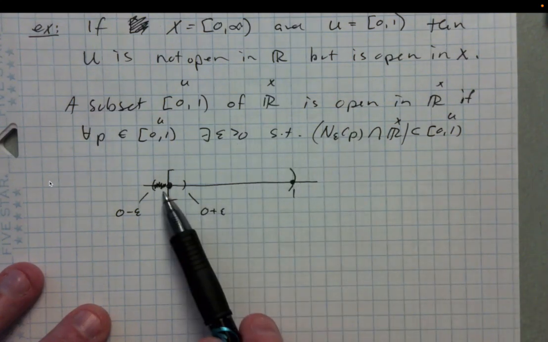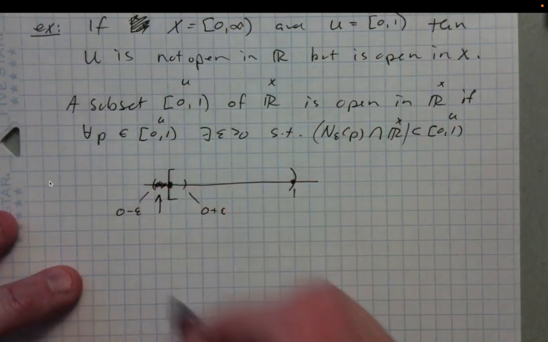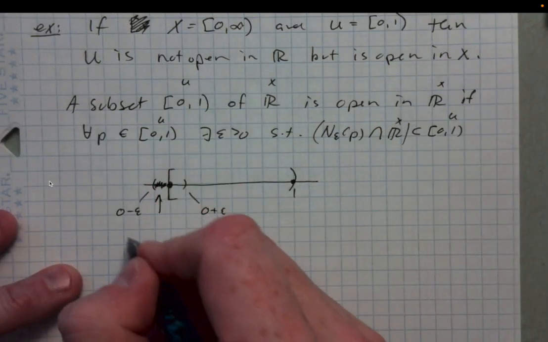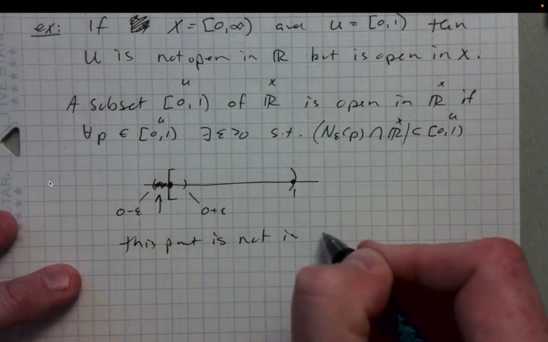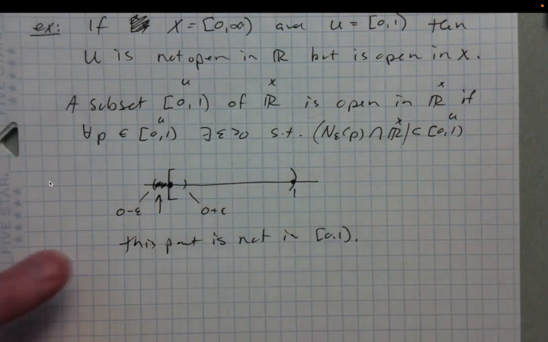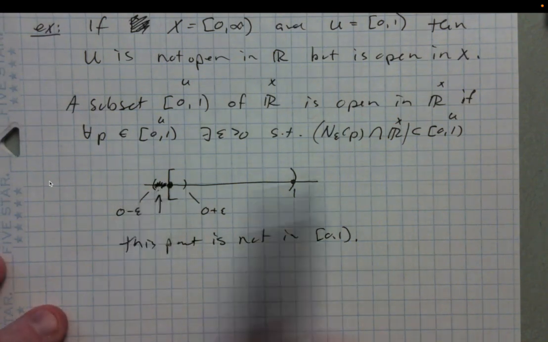But here it's not possible. It's an endpoint. So this part here is not in 0, 1. This is the intersection of the epsilon neighborhood and R.